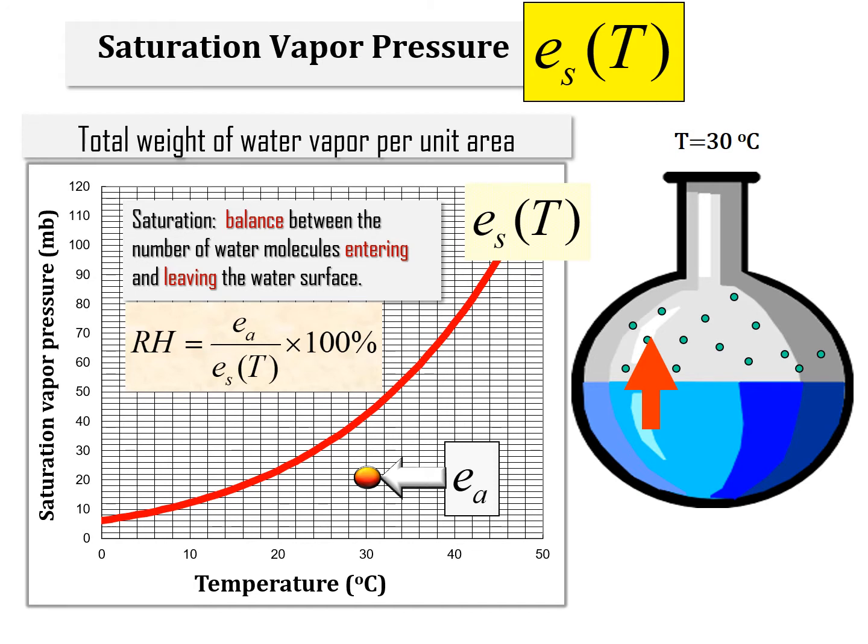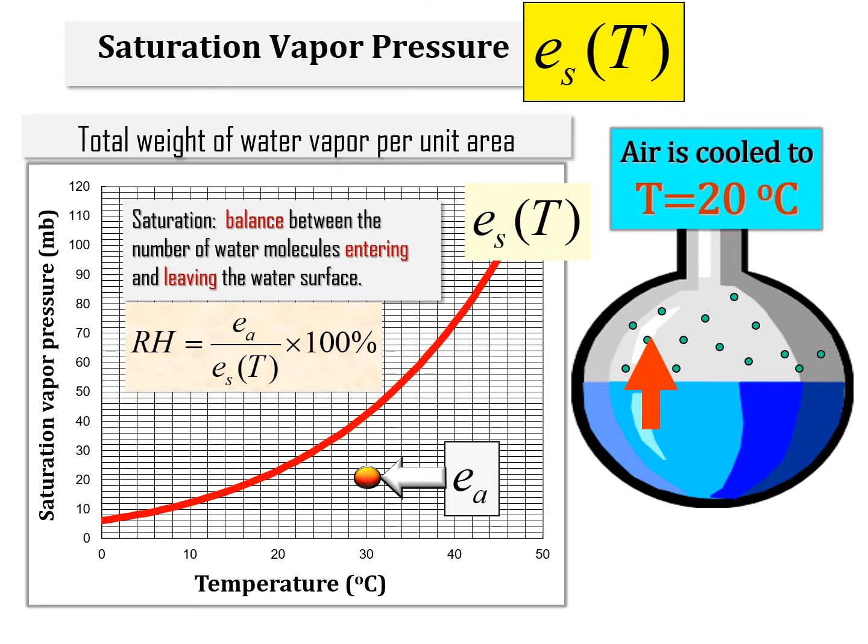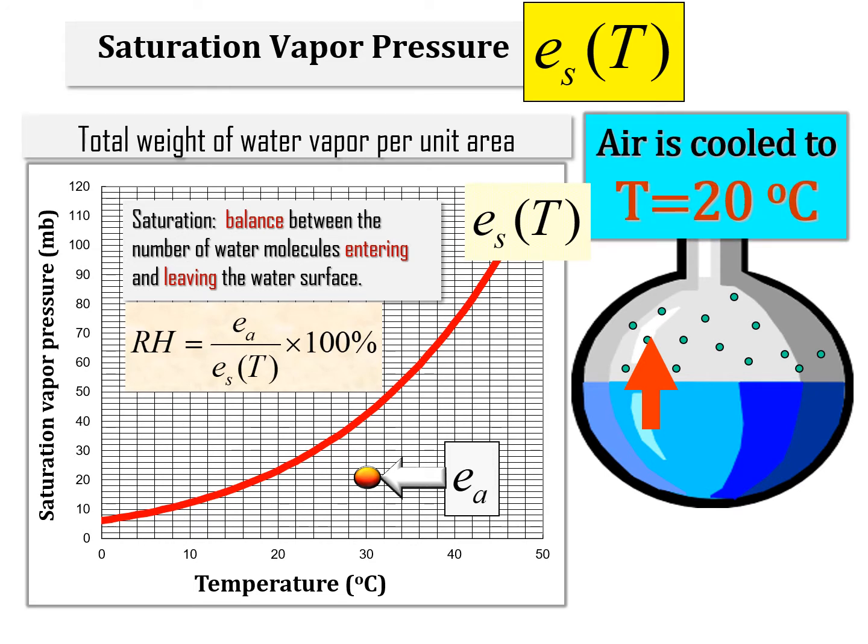We fix the amount of water vapor in the air. How can you make this air saturated? Do you know? Cooling. You can cool this air to 20 degrees C.